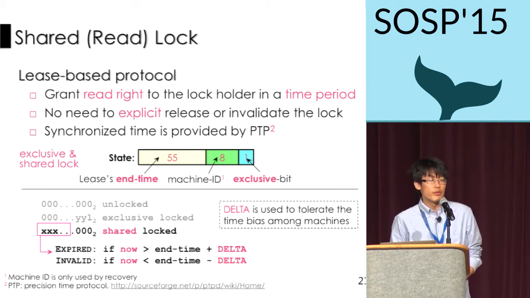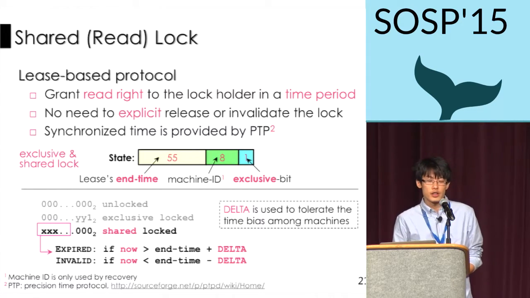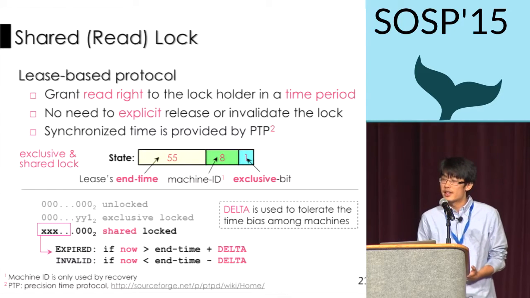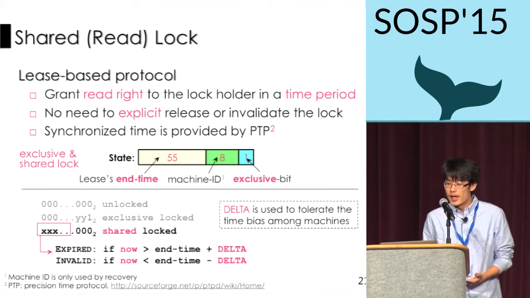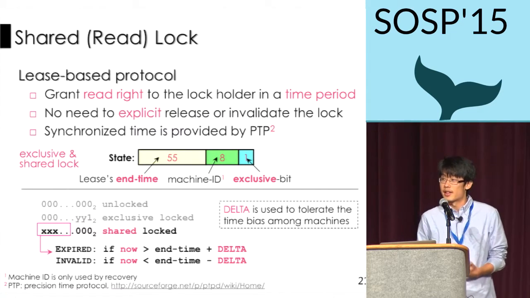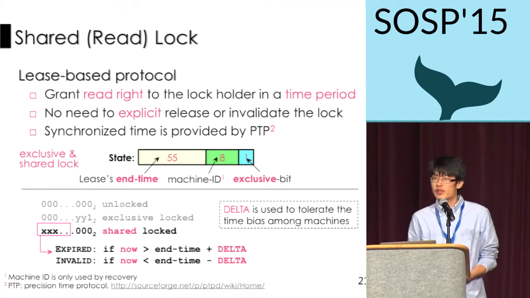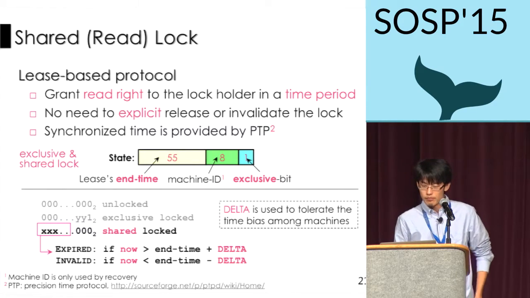For example, if one machine wants to decide whether a given lease is expired or not, it will compare its current machine time with the lease's end time plus a delta. And only if the current machine time is larger will it think the lease is expired. So it can then set it to an exclusive mode or do other things.